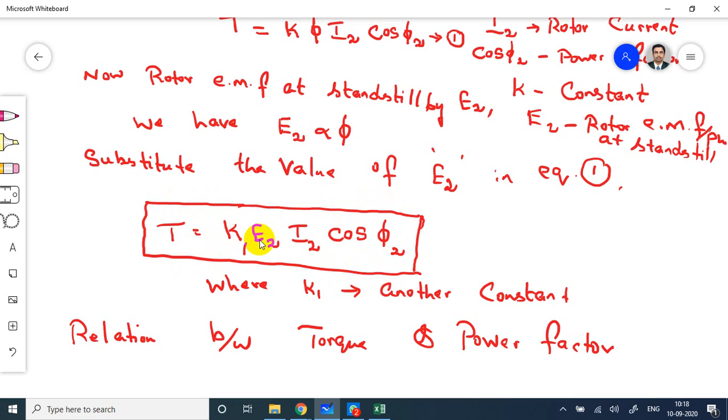That is, if the power factor, cos phi 2, increases, then torque also increases. If the power factor decreases, then automatically the torque value decreases.